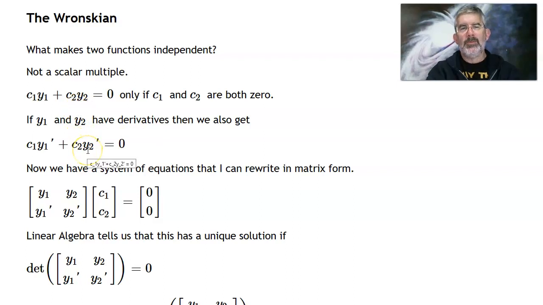From the linear algebra perspective, I can rewrite this as a matrix equation, where c1 and c2 are my variables, so I put them in this column matrix here, and multiply that column matrix times this 2 by 2 matrix, which is composed of y1, y2, y1 prime, and y2 prime. Notice that the way you multiply matrices, you take the first row here times the first column, and you do the dot product, right?